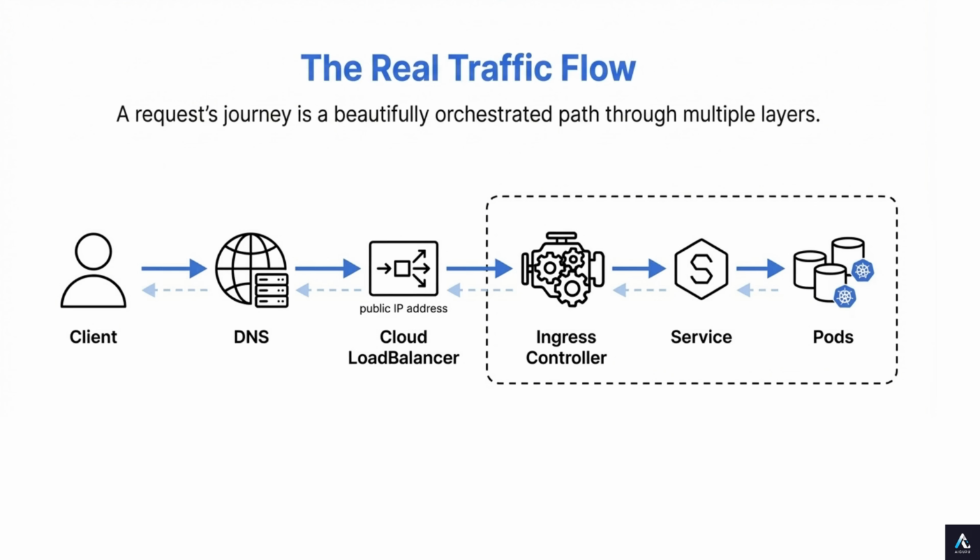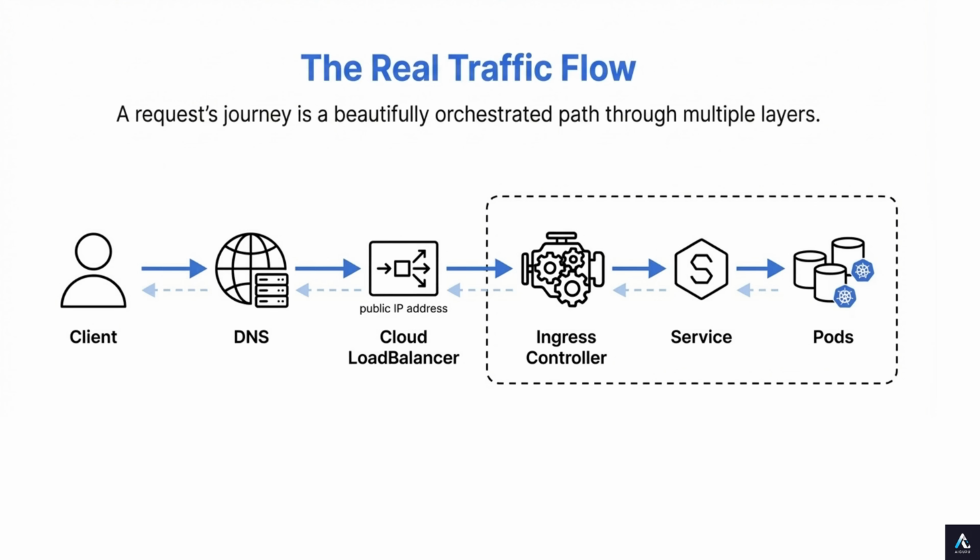The controller examines the host name and the path, consults the routing rules you have defined, and decides which internal service should receive the traffic. That service then forwards the request to one of the healthy pods running your application. The pod processes the request, and the response flows back out through the system by following the exact same path in reverse.